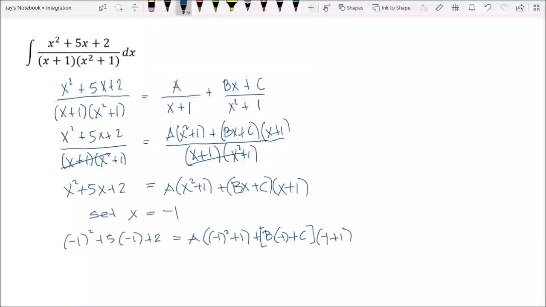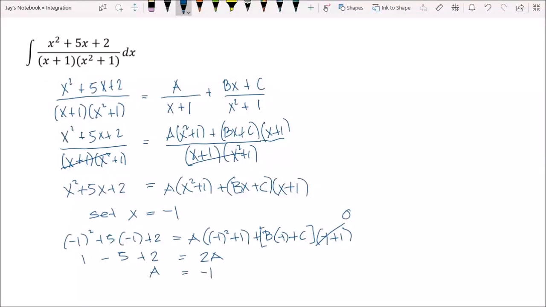So the remaining would be 1 minus 5 plus 2, correct? That is A, since negative 1 squared is 1, 1 plus 1, therefore it is 2A, plus we have, since negative 1 plus 1 is equal to 0, correct? So multiply (B plus C) times 0, that would give us 0. So therefore A is equal to 1.